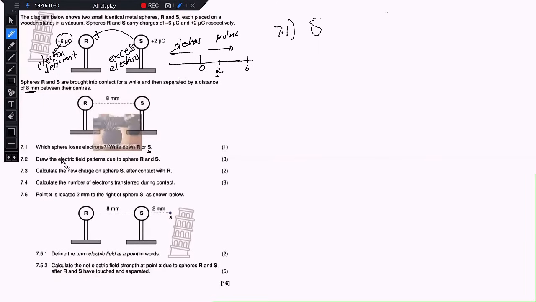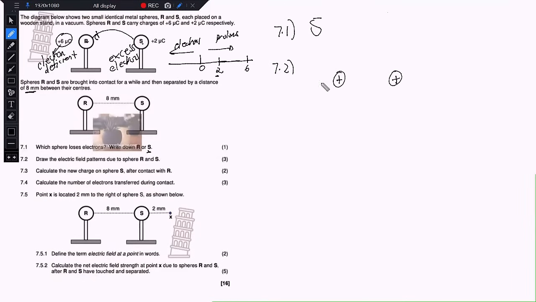Then 7.2 says draw the electric field pattern due to spheres R and S. We can see they are both positive, and even if we were to bring them together and separate them, they would still be both positive. So that represents a repulsion of the two.